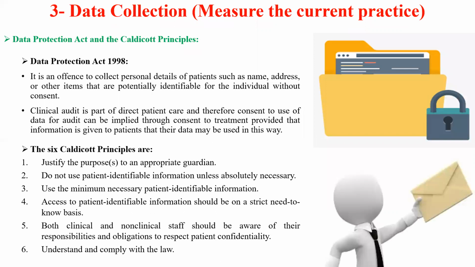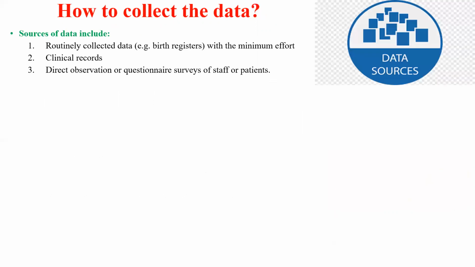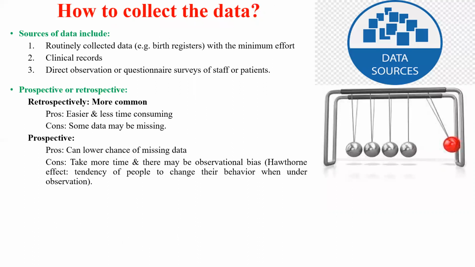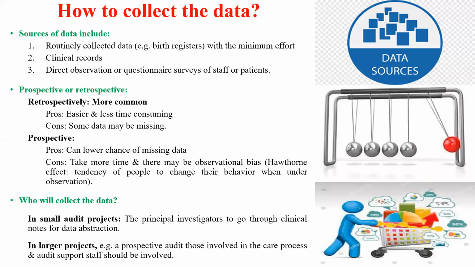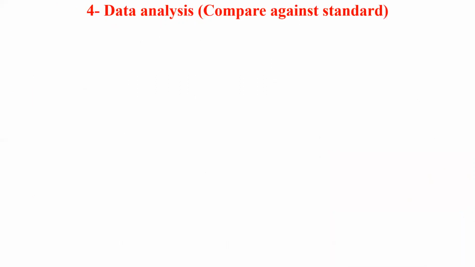Then the data collection under Data Protection Act and 6 Caldecott principles. How to collect the data, what are the sources of the data, how we will do it, prospective or retrospective, what are the pros and cons of each way, and who will collect the data will depend on the size of the audit, either it is a small or large project.